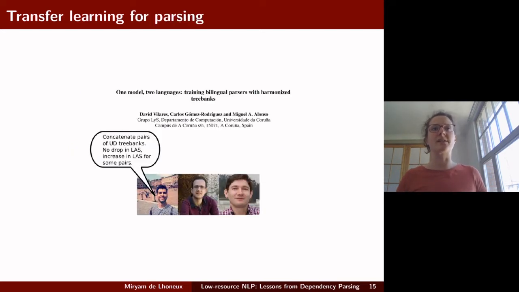First, it was applied in a very simple way. This work here simply concatenated pairs of treebanks annotated with Universal Dependencies. And they found that if you do that, you actually don't decrease LAS so much. You could expect that the LAS would decrease, but it is not the case. Depending on the pairs, it can even increase LAS.